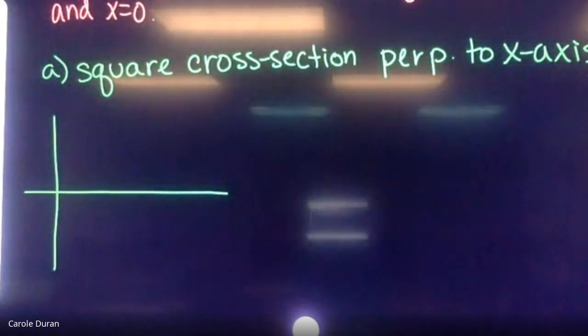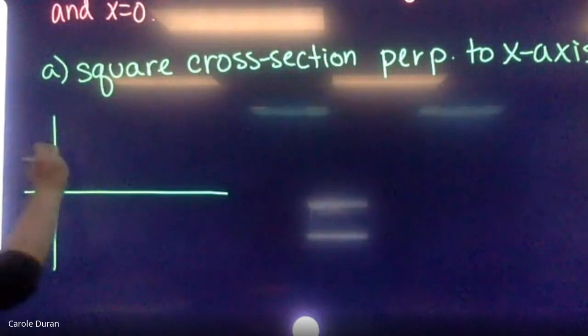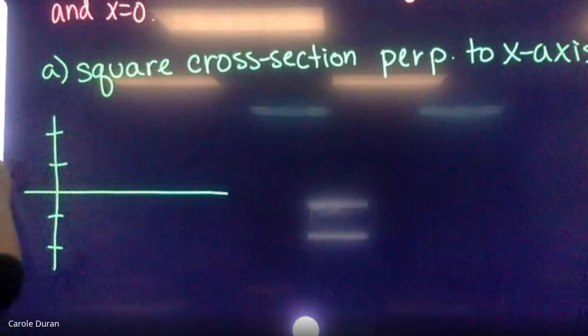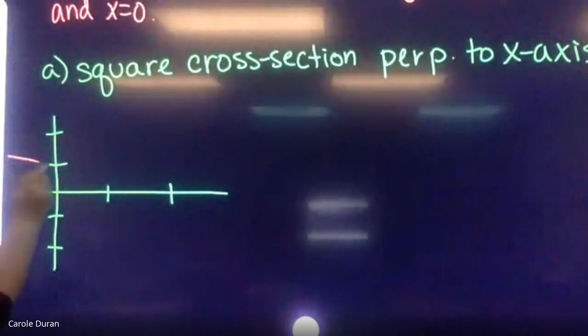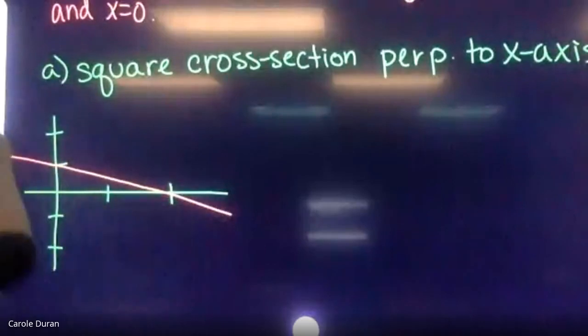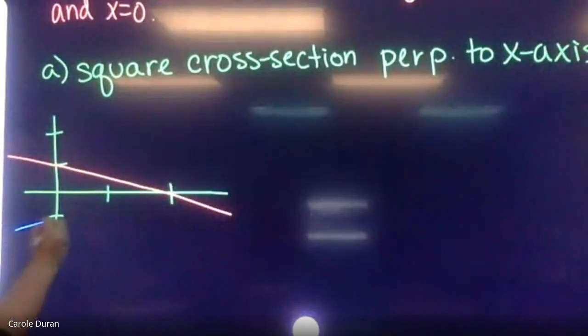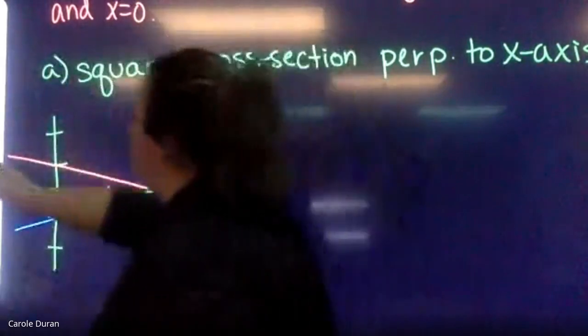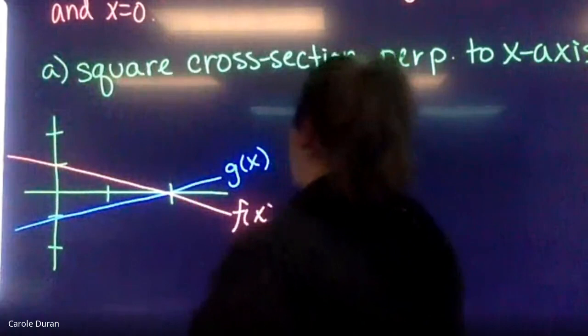So I'm just going to graph the 2 functions that I was given. f of x is 1 minus x over 2, and then g of x is negative 1 plus x over 2. And then we're going from x equals 0 over, so it's going to be a triangle formed to the right here. It's the best I can do, where g of x is the blue one and f of x is the red one.